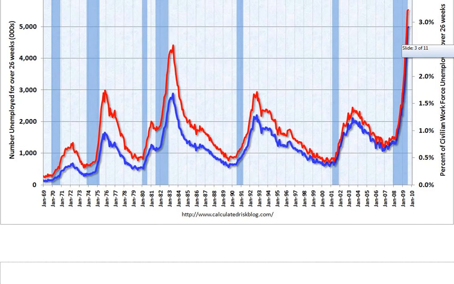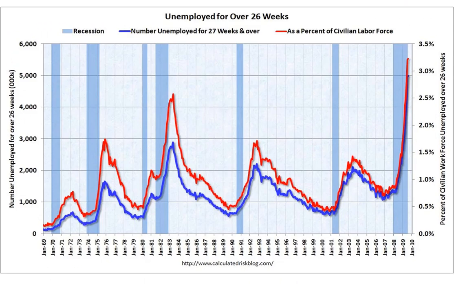Before we get there, let's discuss yet another chart, again coming in from CalculatedRiskBlog.com, representing those unemployed for over 26 weeks. Again, the blue columns represent recessions.